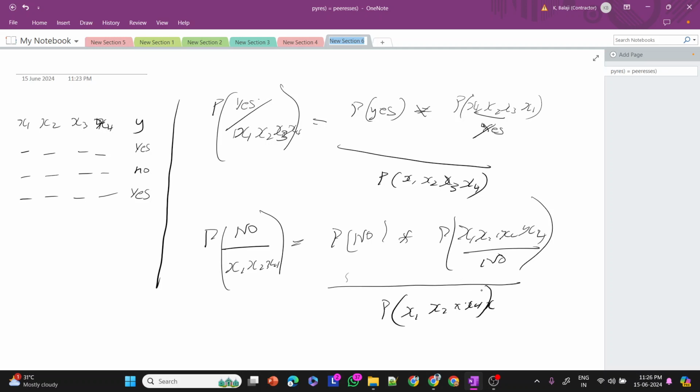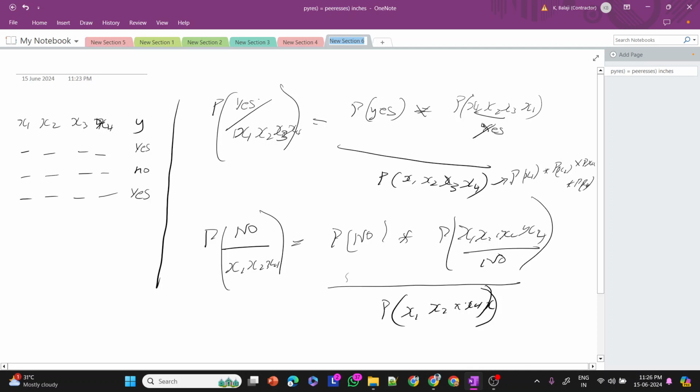We can write the probability of x1, x2, x3 and x4 as probability of x1 times probability of x2 times probability of x3 times probability of x4.